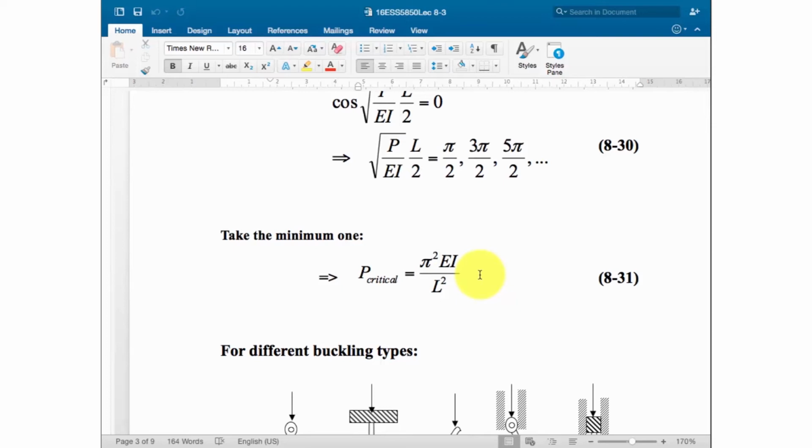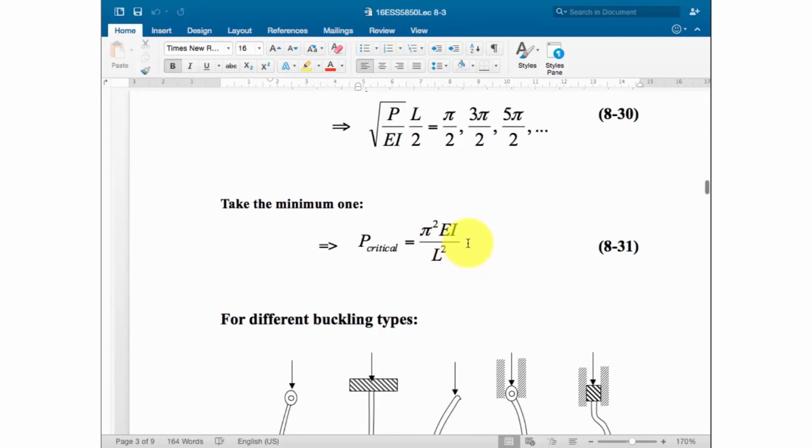For example, like a ruler, when you push the ruler it will bend along the thinnest part, not the thicker part. So this depends on the moment of inertia. Another thing is the length. With a longer length, you also reduce the critical force quite quickly, making the beam very weak and easy to buckle.